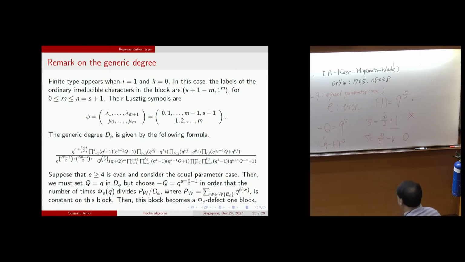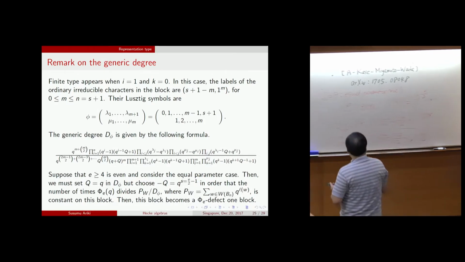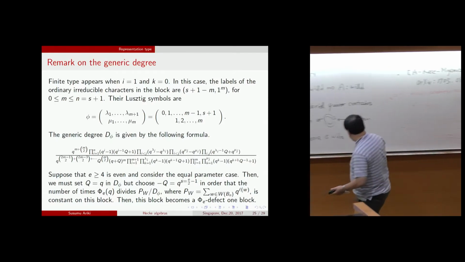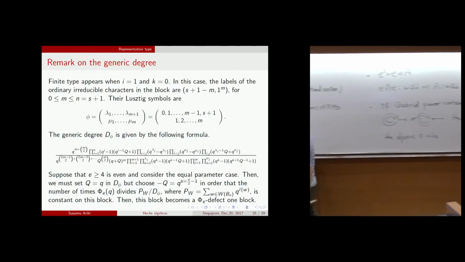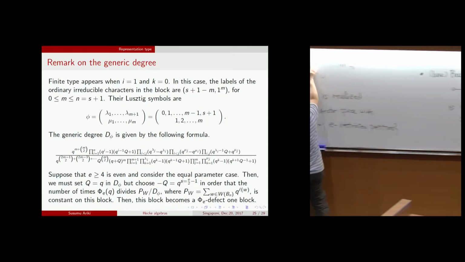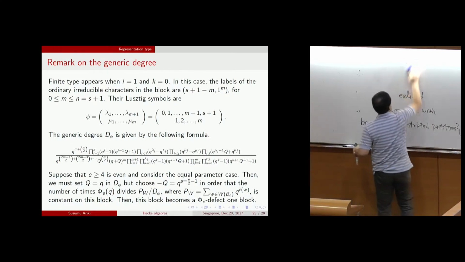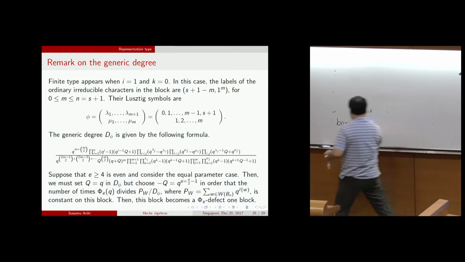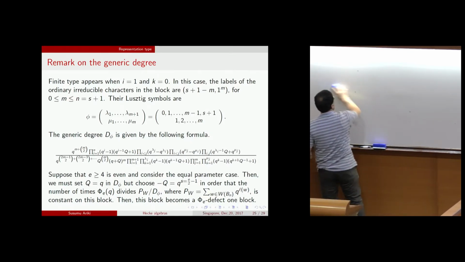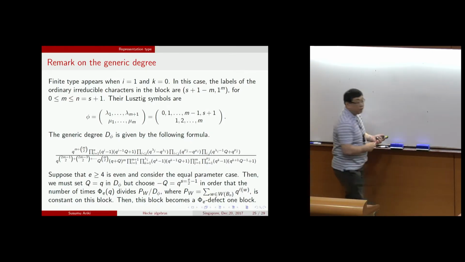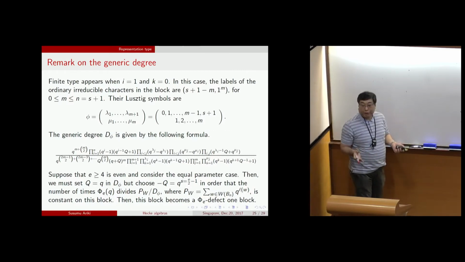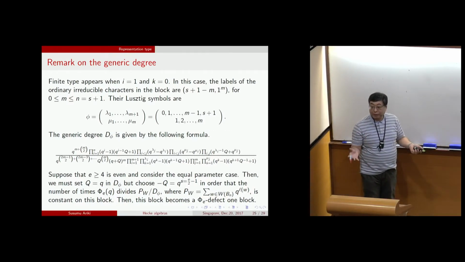Okay. And also, I would like to raise a question. As I have explained, Chuang-Rouquier derived equivalence gives the same representation type.